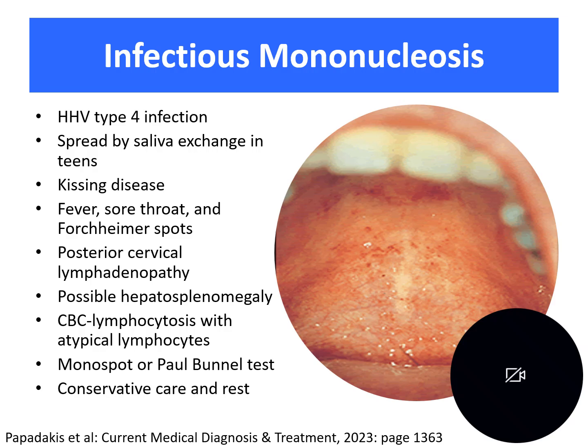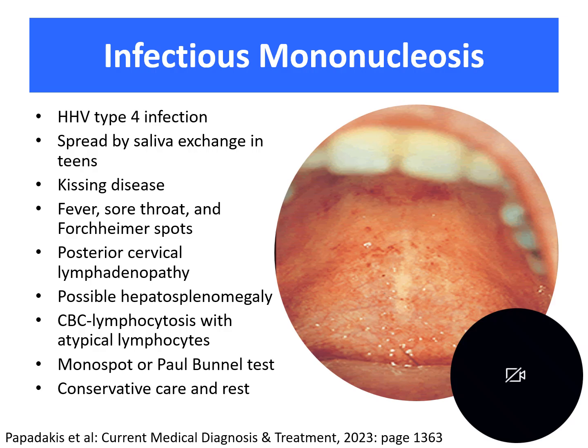Presentation of a patient with infectious mononucleosis: teenager, fever, sore throat, and if you examine the roof of the oral cavity, the hard and soft palate, you may see petechial hemorrhages, these red dots. These red dots are called Forchheimer spots. Forchheimer spots are not pathognomonic of infectious mononucleosis because you could also see this in patients with rubella.